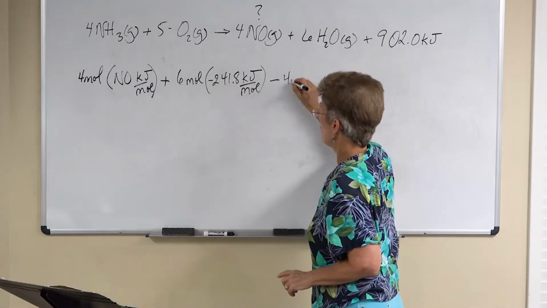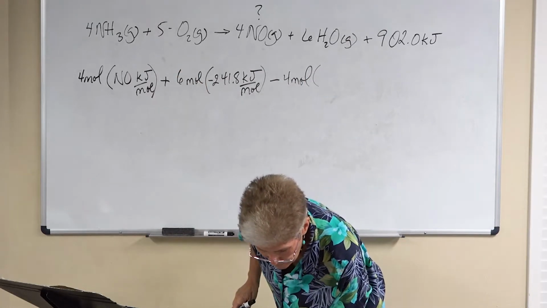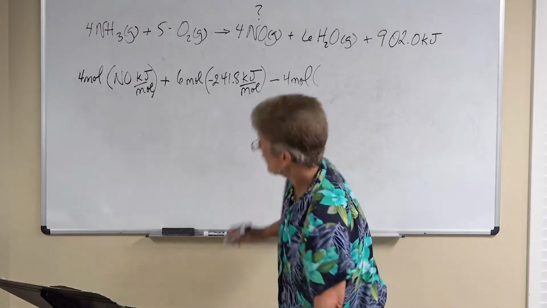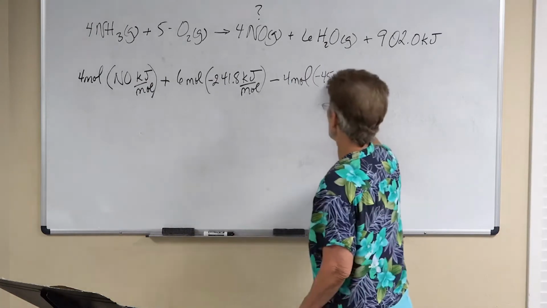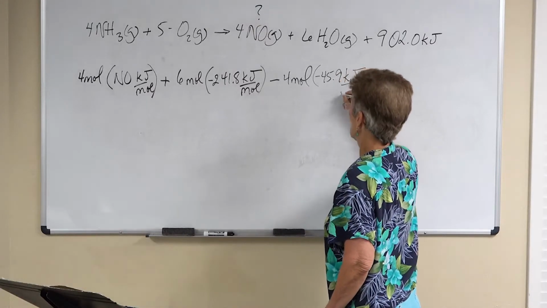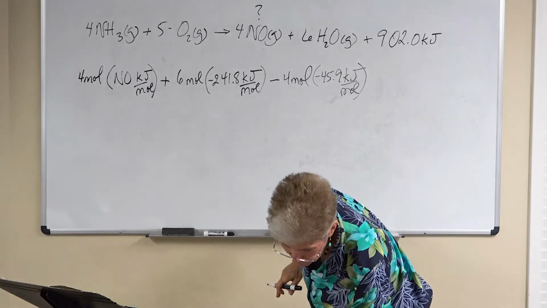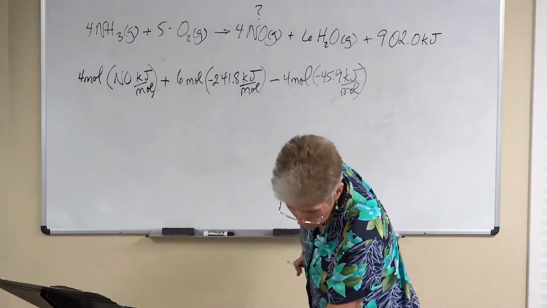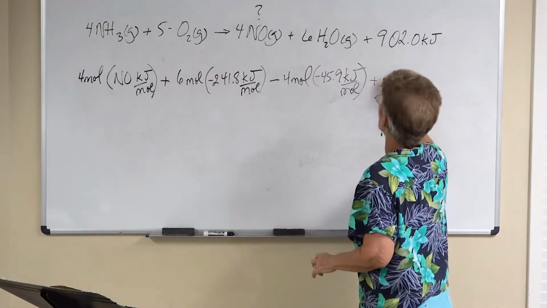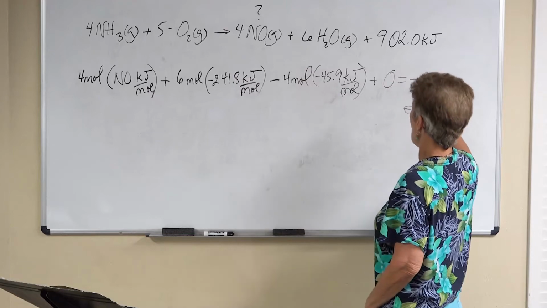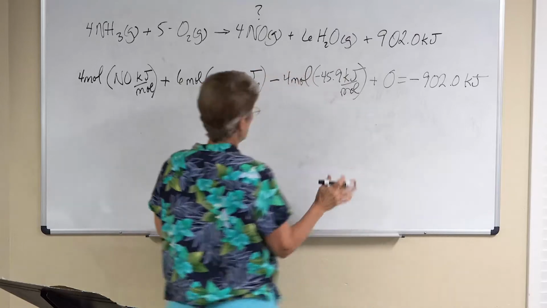Minus, now we're back over to the reactant side, 4 moles of ammonia gas, and be careful because there's an aqueous one there, so don't grab that by accident, because your numbers will be wrong. Okay, so there's the ammonia gas. Good. And this is an element, so it's going to be 0. And this whole thing equals negative 902.0 kilojoules. And we know that because we were given that.